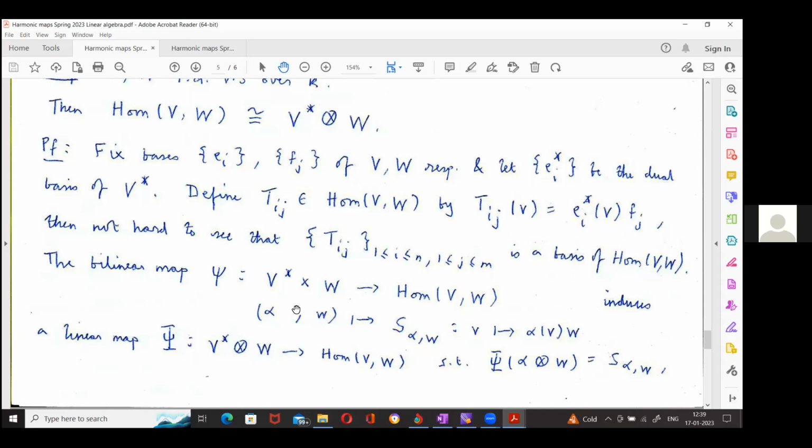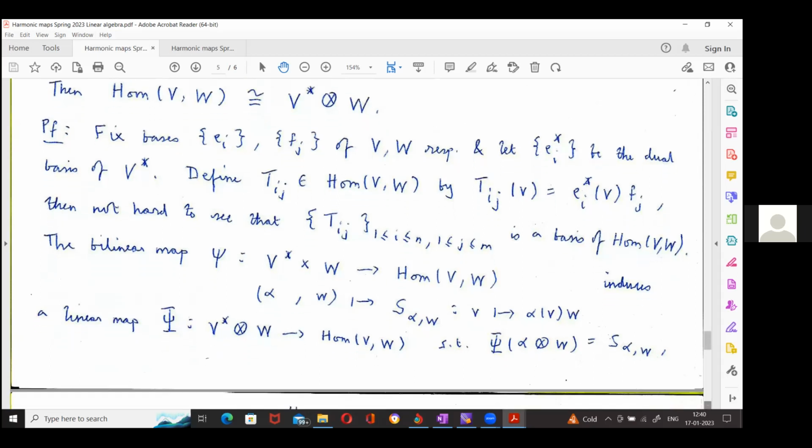Therefore, by the universal property of the tensor product, this bilinear map induces a linear map, capital Psi, from V star tensor W to Hom(V, W), such that Psi of alpha tensor w is this linear map S_{alpha,w}. Is that clear? That's by the universal property of the tensor product.